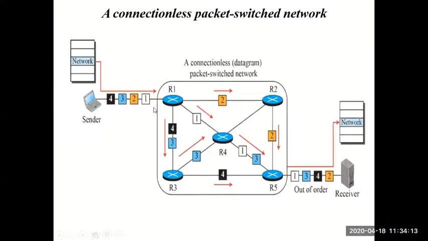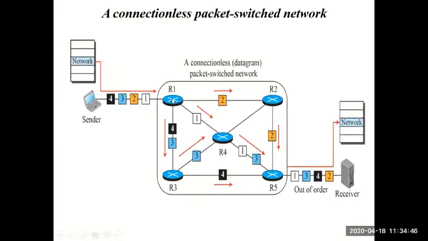You can look at this diagram where it is clearly seen. See here, this is the sender. The network layer of the sender has created 4 packets, 1, 2, 3, 4, and it is passing them on to a network. You see here, there are multiple routers, 5 routers we have shown in this network. Packet 1 takes this path from R1 to R4, then from R4 to R5, and then to the receiver destination.